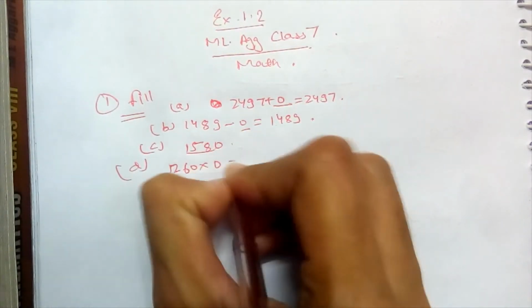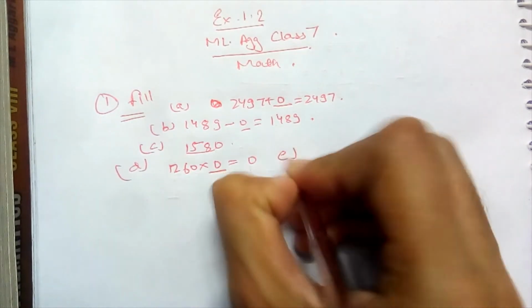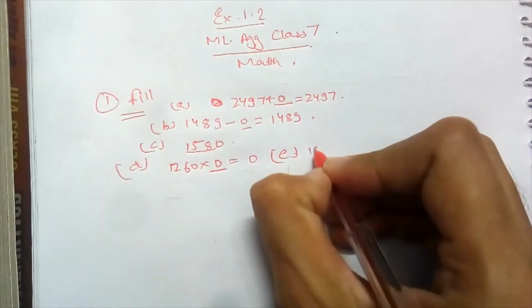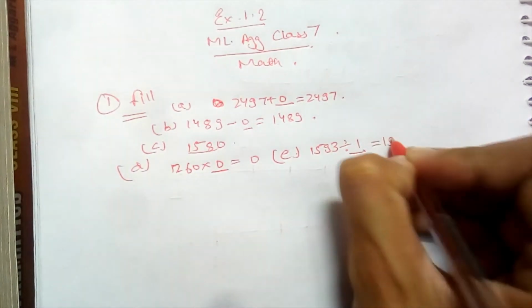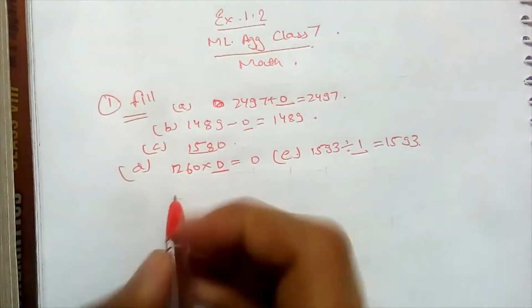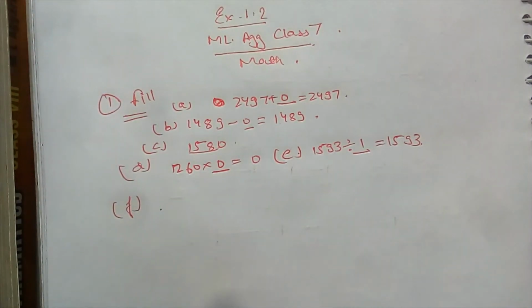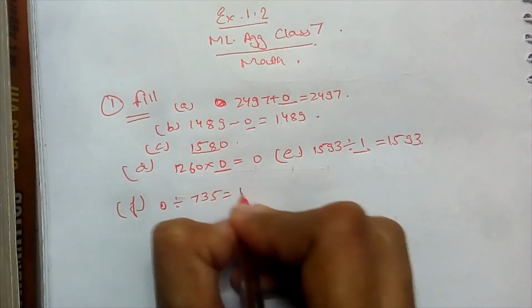D part: 1260 into 0 is equal to 0, and E part: 1593 divided by 1 is equal to 1593. So here E, then F: 0 divided by 735 is equal to 0.